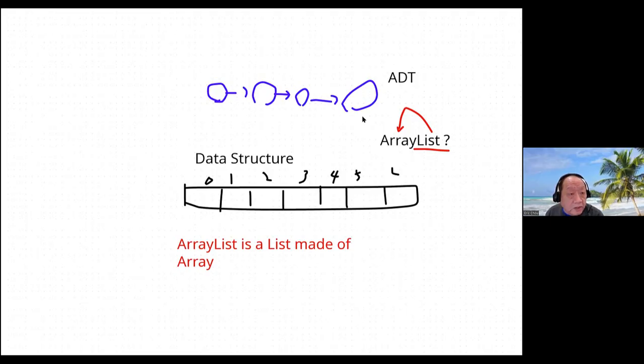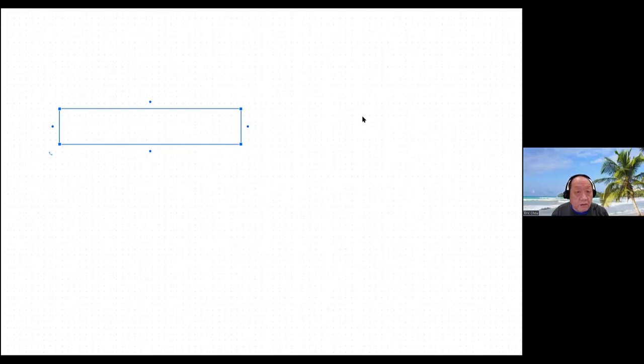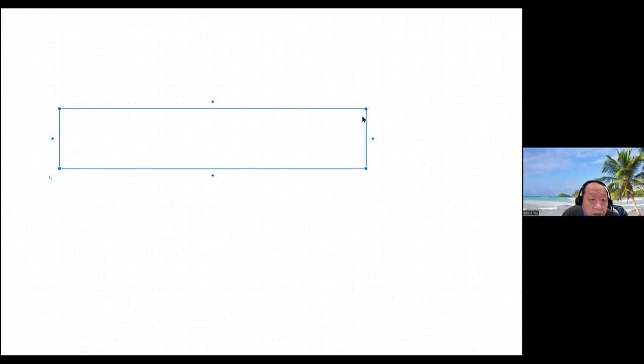When you create a new array list, you say ArrayList of Integer, a list equals new ArrayList. So right here, this whole thing is the data type.